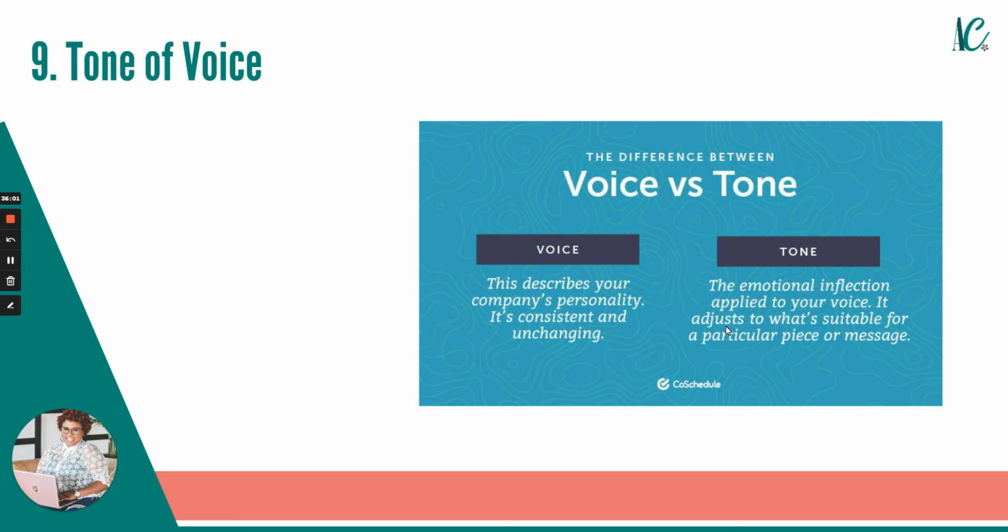Something that I have to work on is when I write, my writing sometimes comes across more serious than I'm intending for it to. So I have to be mindful of that. Go in and add some contractions. Like, instead of saying we will, say we'll. Say don't.